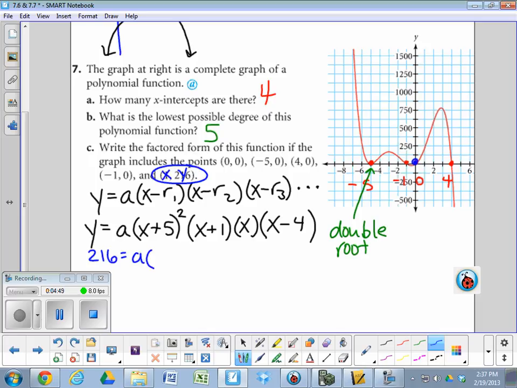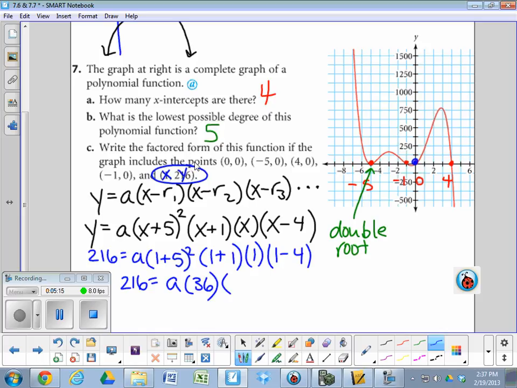It's a little bit more work than using the y-intercept, because instead of zeros, you have 1s in there, but I believe you can do 1 plus 5. What's 1 plus 5? 6 squared is 36. Here we have 1 plus 1, which is 2. Then we have a 1. Then we have 1 minus 4, which is negative 3.